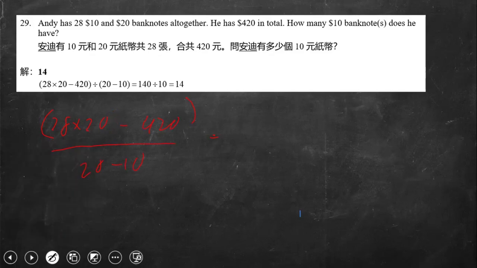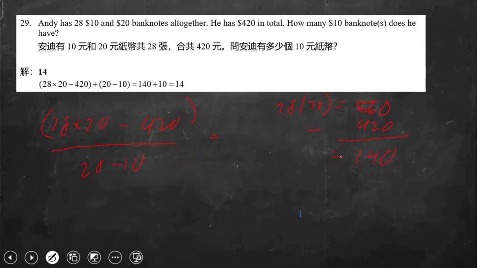In the other way ba, we have 28 times 20, we have 560. Okay. It's exceeding, right? So we know how much it exceeds the limit. We have 140. Okay.